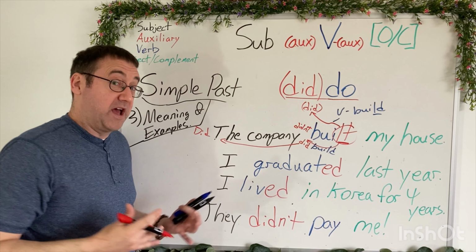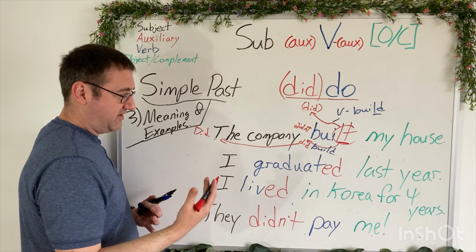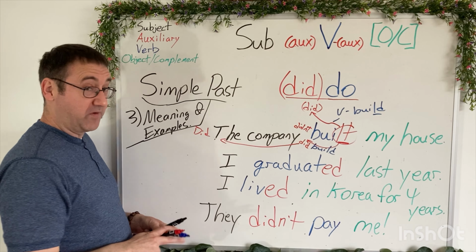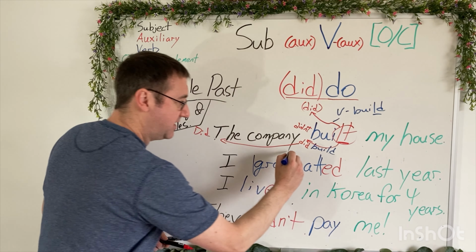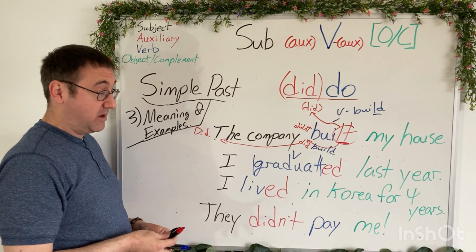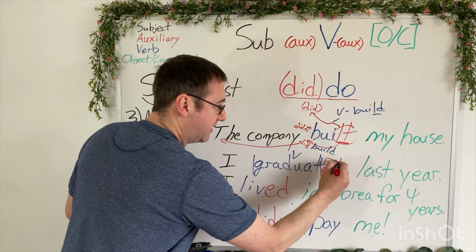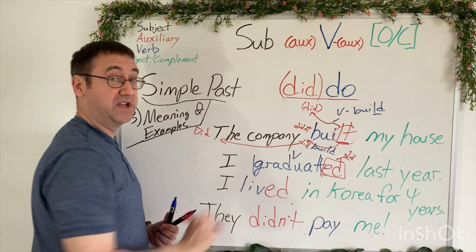Here's another one. I graduated last year. So this one's a little easier because it's the ed that everybody knows, right? So what's the verb? Well, the verb is graduate. You can see it right here. And what's the auxiliary? Well, it's right here. And what does that represent? Well, that represents the word did, the same as the spelling change does.